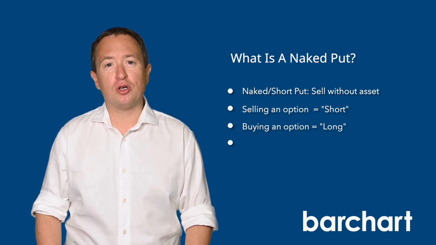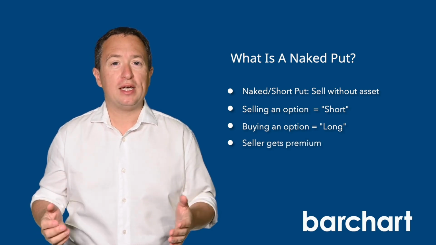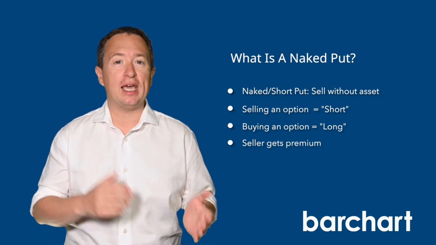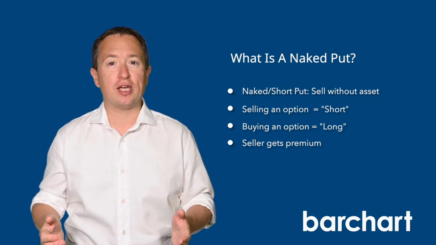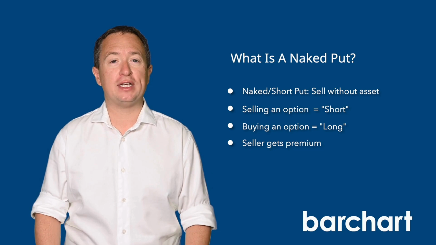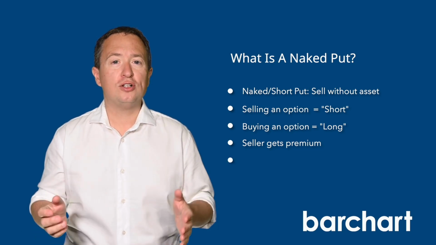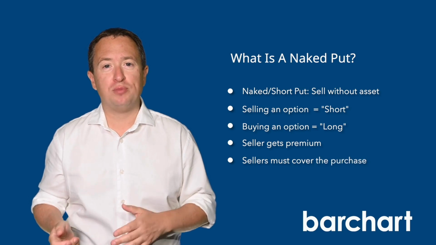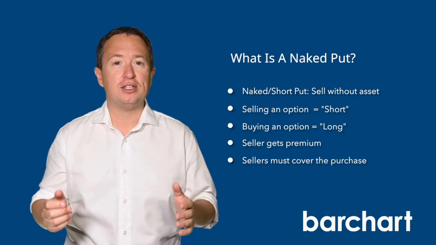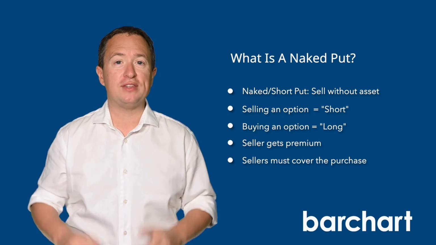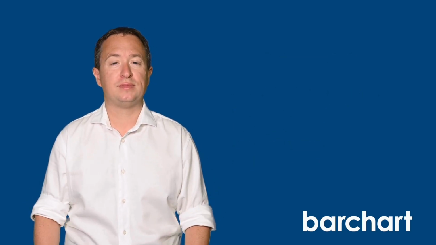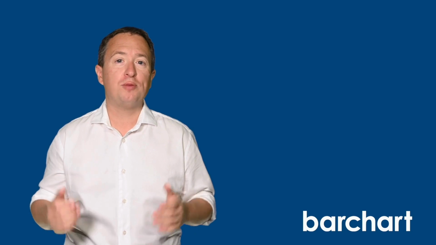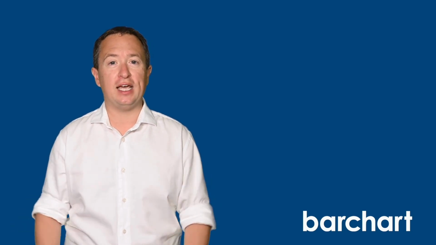The seller of a put option receives a premium in exchange for the obligation to buy the underlying asset at the strike price if the put option is exercised. Also, a trader selling naked puts must have enough margin to cover the purchase of the underlying security if it's assigned.